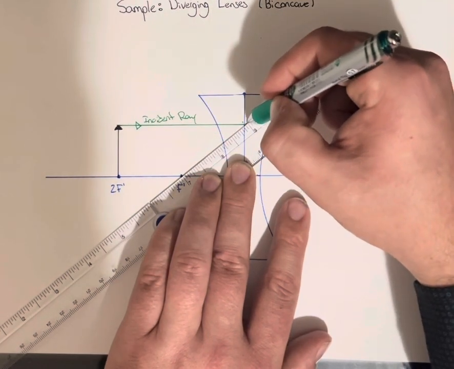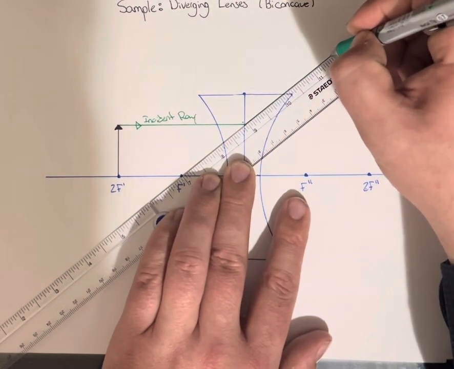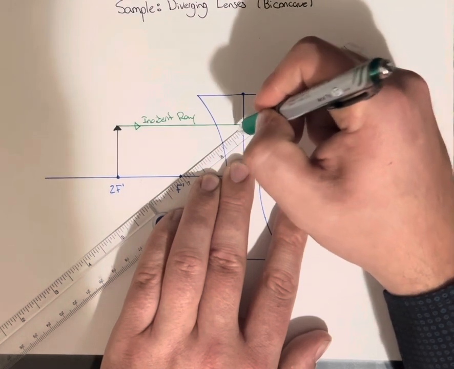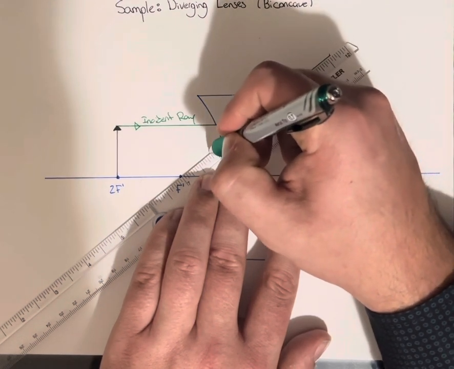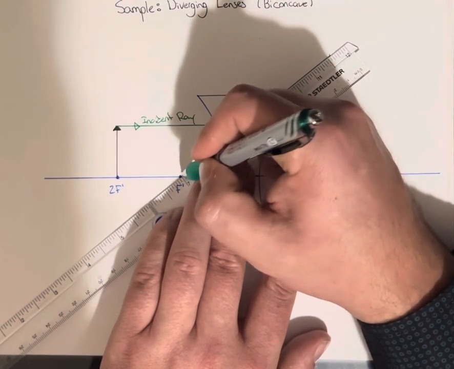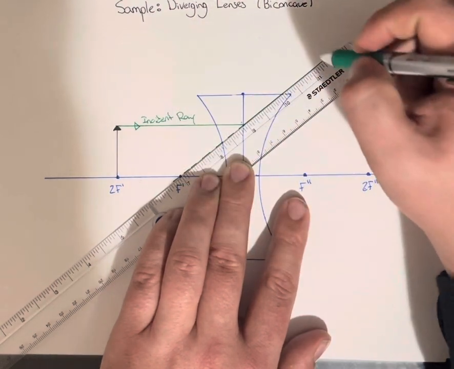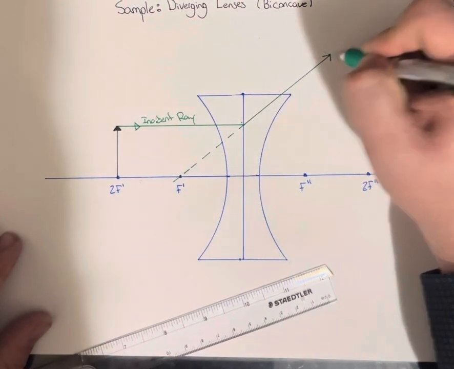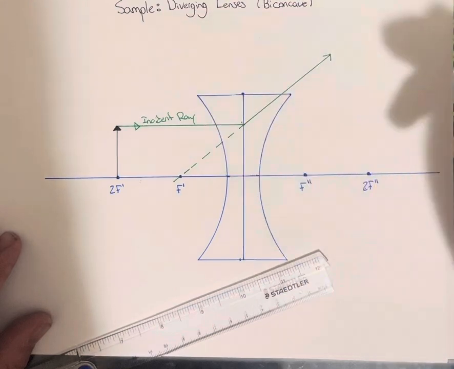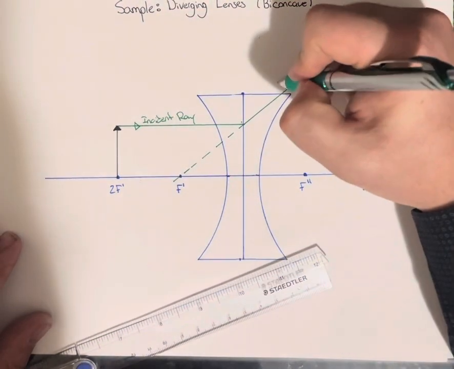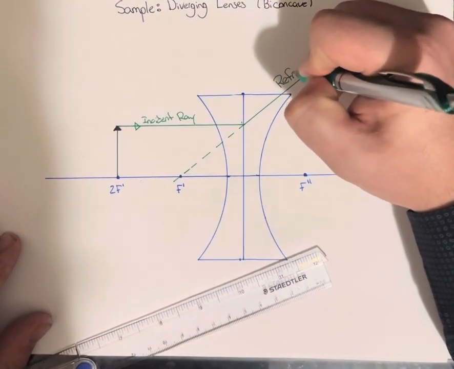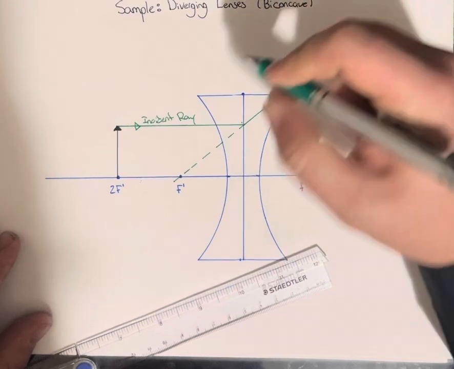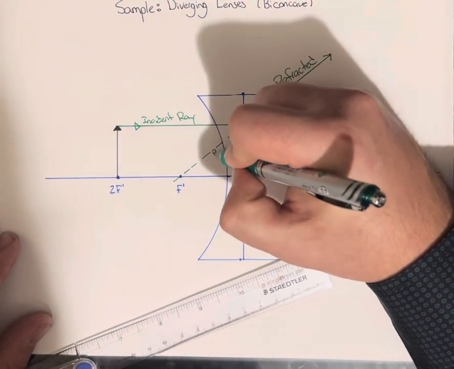So I'm going to take that. That is going to be my refracted ray. And then my reflected ray is going to pass backwards through F prime, or my focal point. Right? So again, this up here, my solid line beyond the lens itself is going to be refracted, whereas this one here is going to be reflected.